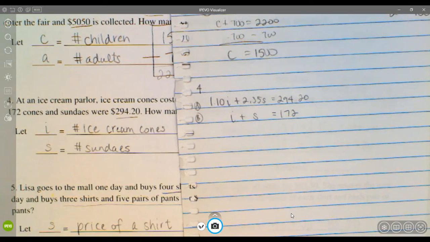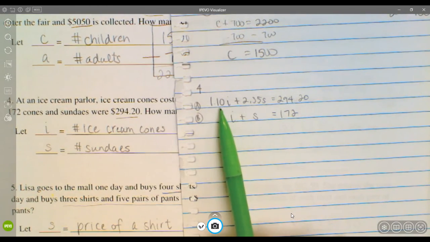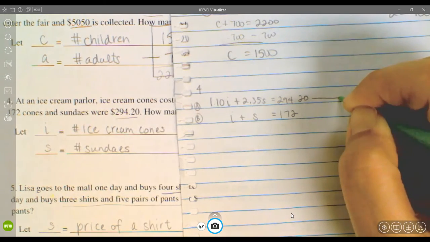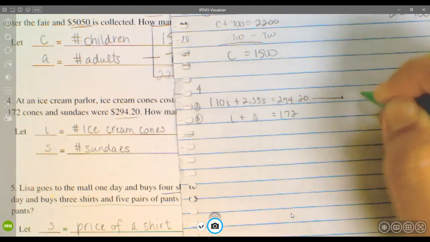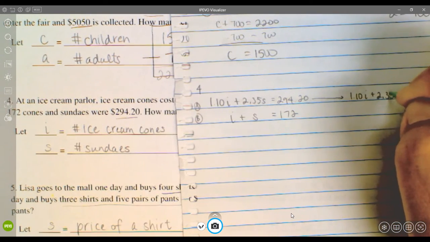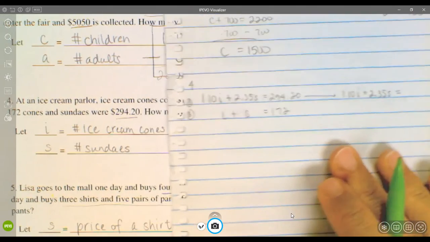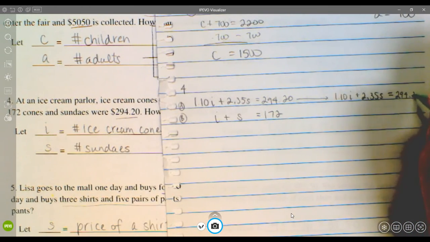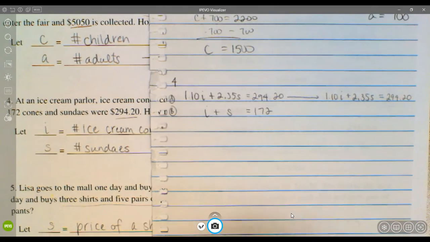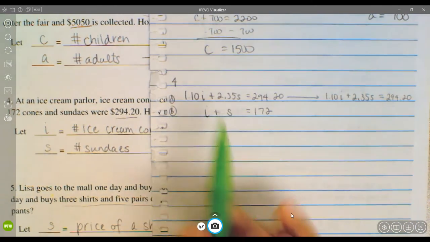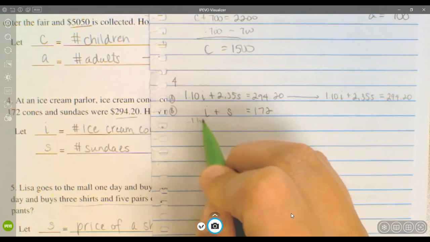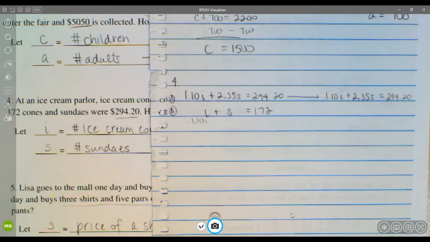Okay, so I do believe, again, I would like to eliminate the I because it's smaller. So the top equation is going to stay the same. S's bother me because I'm so worried that I'm going to confuse them for 5s. So you be very careful as well. In order to eliminate $1.10 I need negative $1.10.